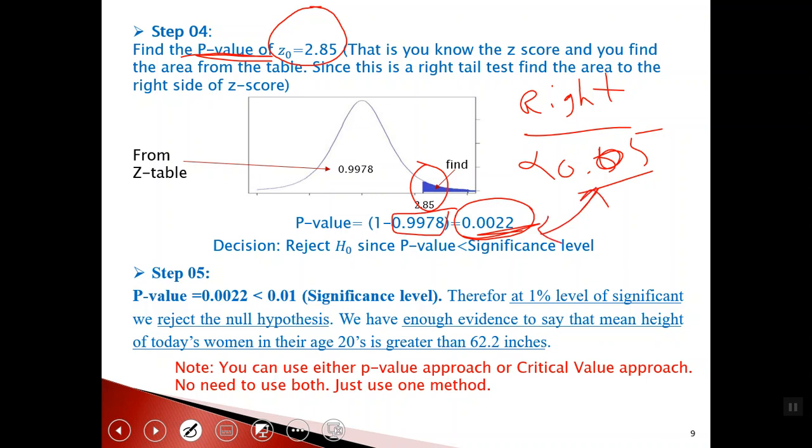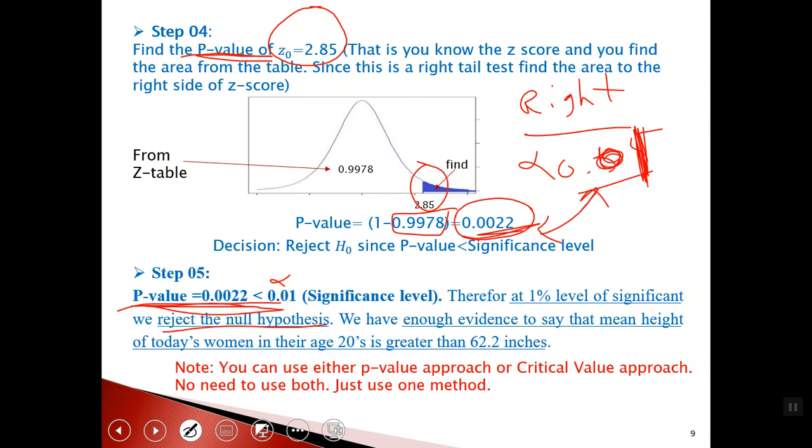Your alpha, oh sorry, it's not 0.05, I'm sorry, it is 0.01. In your case, the p-value is less than your alpha. Since your p-value is less than our alpha value, what you have to do? You have to reject the null hypothesis.